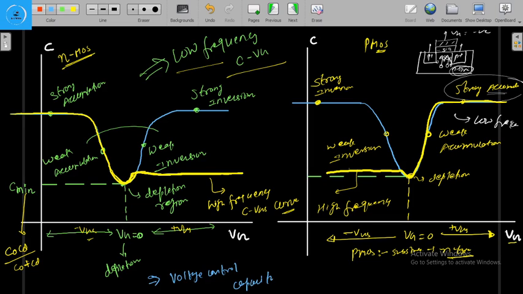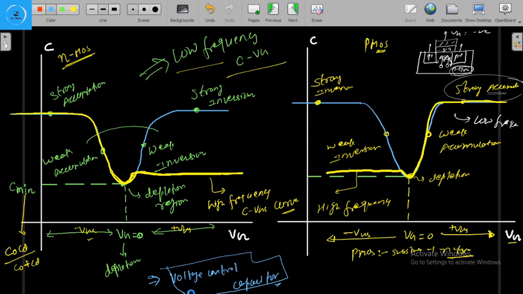From here we can say the MOSFET works as, or behaves like, a voltage controlled capacitor, because the capacitance of the MOSFET is changing when we change the gate voltage. So we can say the MOSFET is a voltage controlled capacitor. Its capacitance is changing when the gate voltage is changing, right?